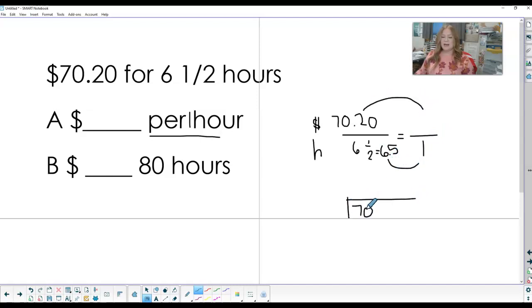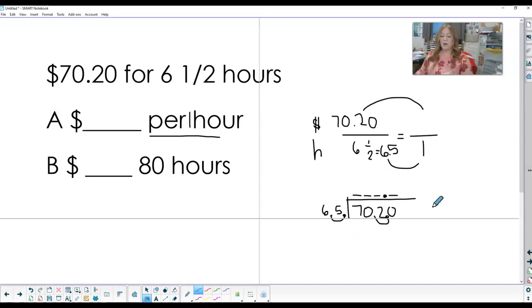As we set that up, we have 6.5 here, but I have to move it to the back to make it a whole number. So I have to move it here. So I'm really doing 65 into 702. My decimals here. So I should have 3 things, then the decimal, possibly one other thing if it doesn't go in there perfectly. So here is that setup.